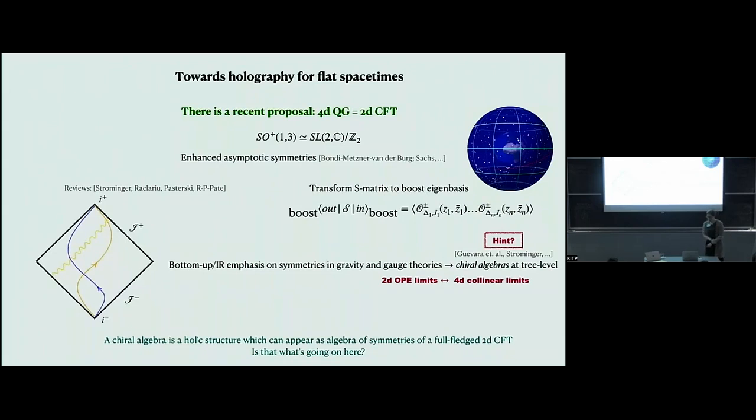But the motivating proposal for the talk today often goes by the name of celestial holography, proposed by Strominger and developed by many, many collaborators.